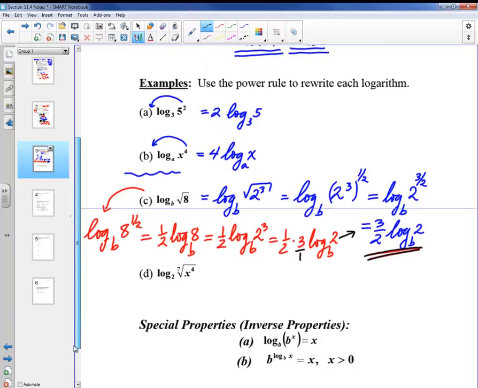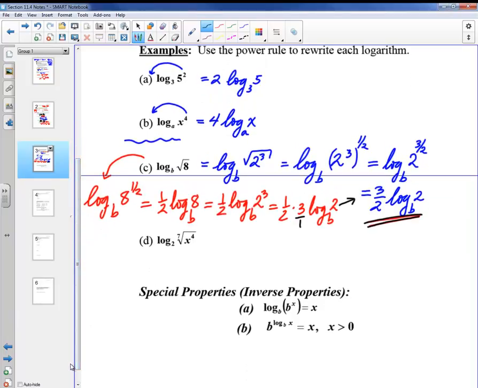However, if you have variable expressions, you probably don't want to do it in 2 steps like we did here in red. I'm talking about this particular example here. In that, it would be log base 2, and it's x raised to a power.